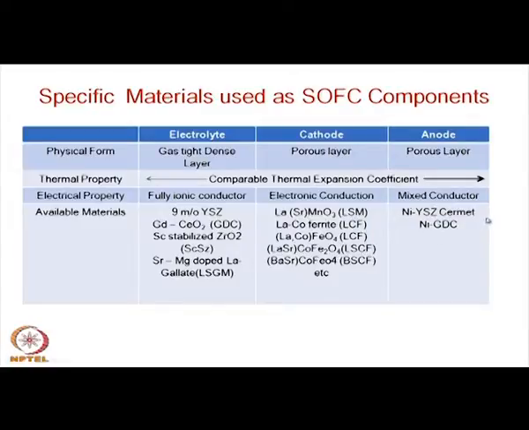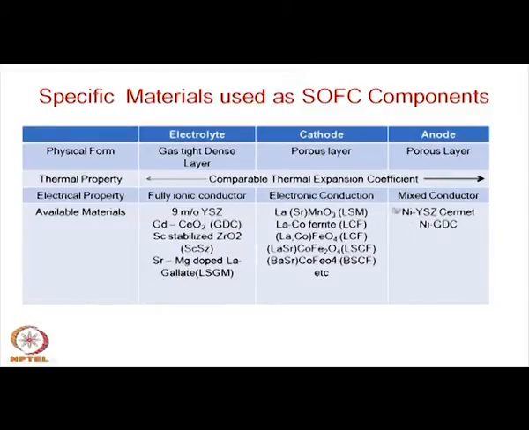But more importantly, why do we need a cermet? If we are talking about the electronic conductivity, then only nickel could have been used, but the problem is that nickel has a much higher thermal expansion coefficient because it is a metal, whereas this is ceramic.